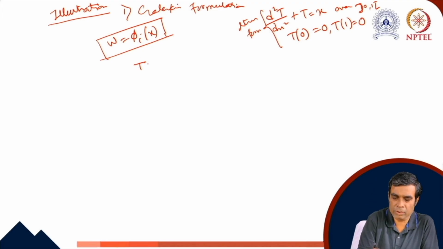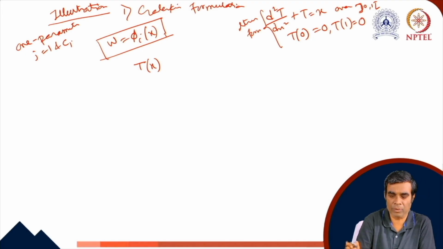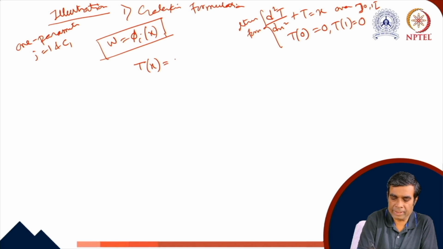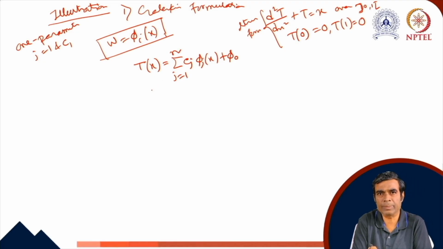For the trial solution, we shall solve this for one parameter. So J will be 1 and C will be only C1. We shall deal with only a single constant. So this is Cj phi j x plus phi 0, and I just mention here that this trial solution T(x) has to satisfy both essential and natural boundary conditions.